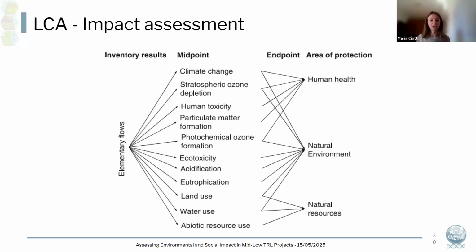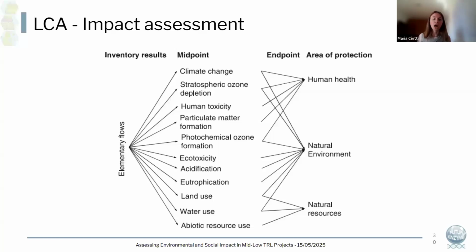So for example, for climate change, we know that different components in the atmosphere can contribute on a different level to climate change. So each of these flows is going to translate with a different coefficient into CO2 equivalent. So CO2 equivalent is our common unit of measure for the climate change.